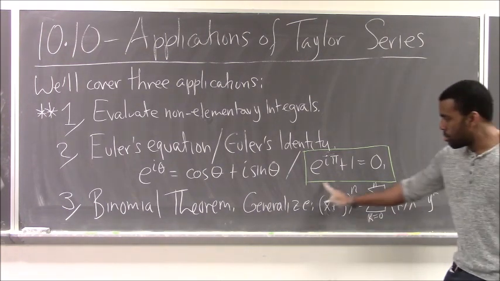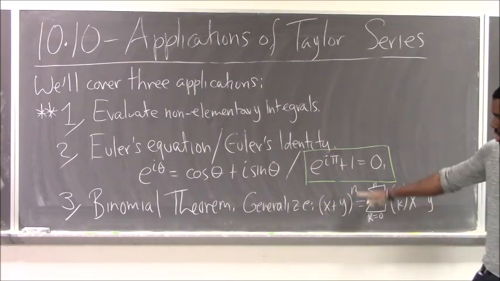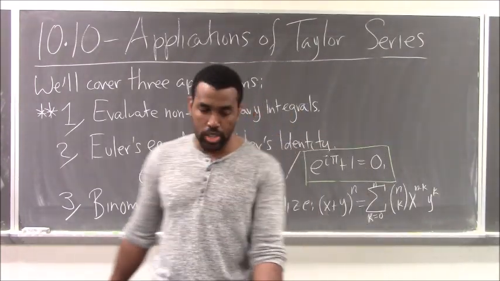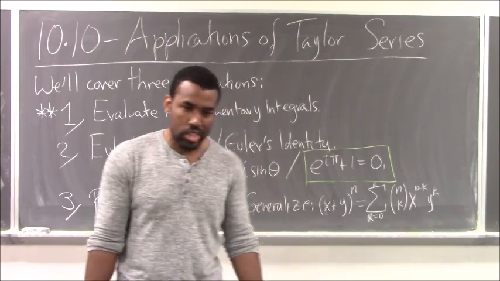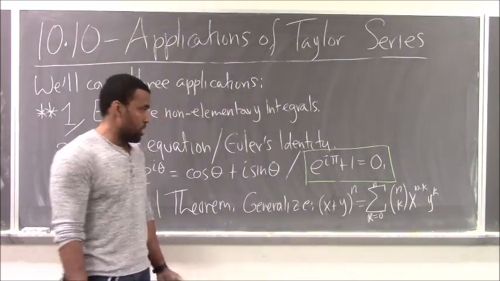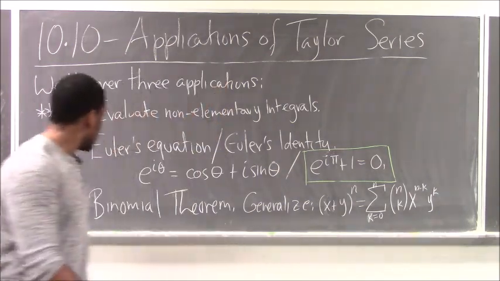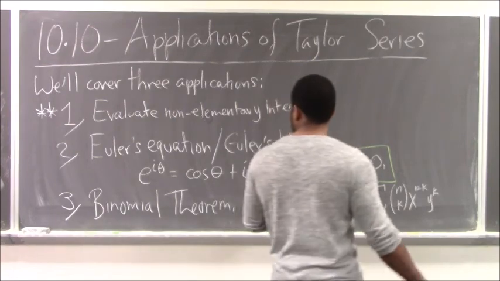This is called the binomial theorem. It works for positive integers n. I'm going to show you how it works for non-integers, and we're going to learn how to expand something like the square root of 1 plus x. It will turn out it has to be expanded as an infinite series. So these are the 3 things that I want to talk about in this section.